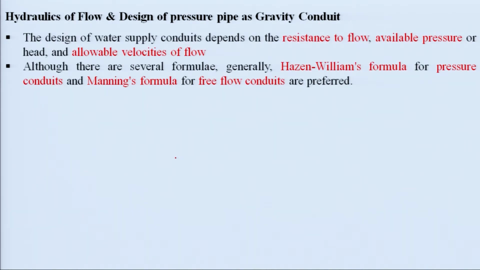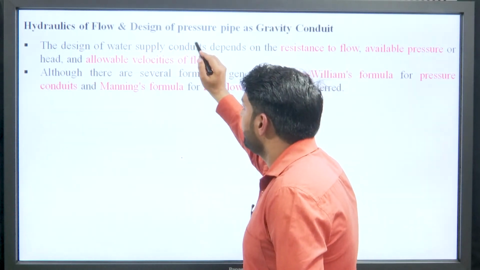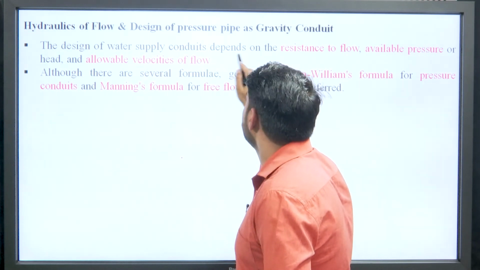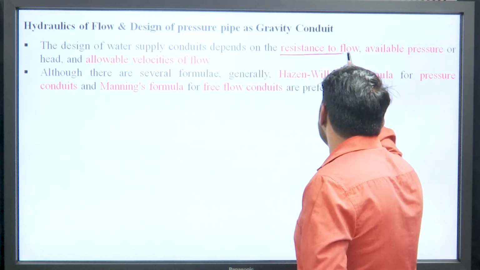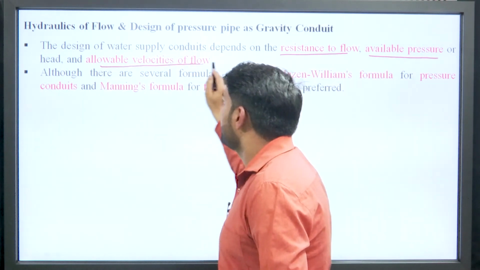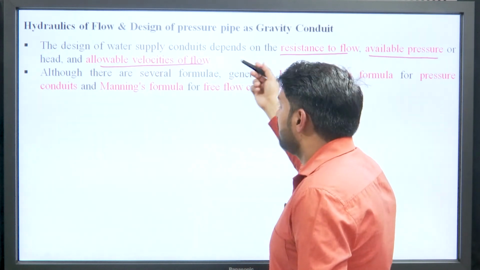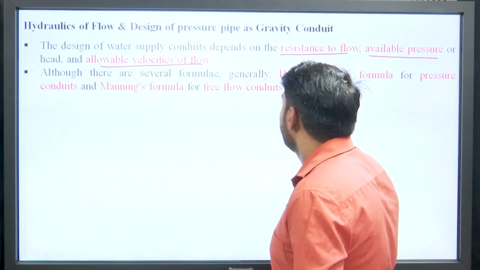Okay. So, while designing the conduits, the following factors should be considered. First one is resistance to flow, available pressure head, and allowable velocity of the flow. Okay. And for that particular design, the following formulas should be referred to.